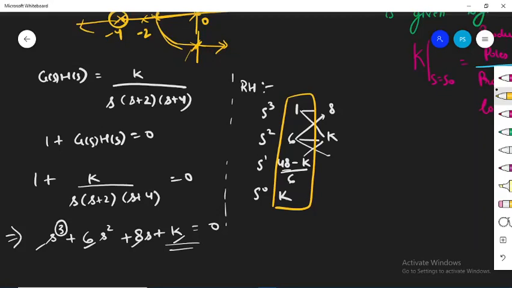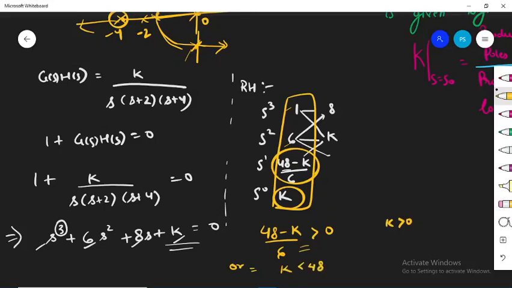Thus here we can see this is positive, so we can say that this and this value should also be positive. (48 minus k) divided by 6 and k should also be positive for the system to be stable. Thus the condition for stability becomes that (48 minus k) divided by 6 should be greater than 0, and also k should be greater than 0. Or we can say that k should be less than 48 for the system to be stable.